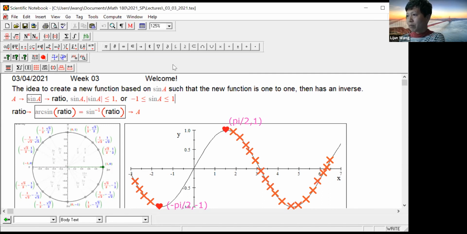I'm going to choose a start point. You mark these 2 points for me. This new function, we're going to have a description about it.